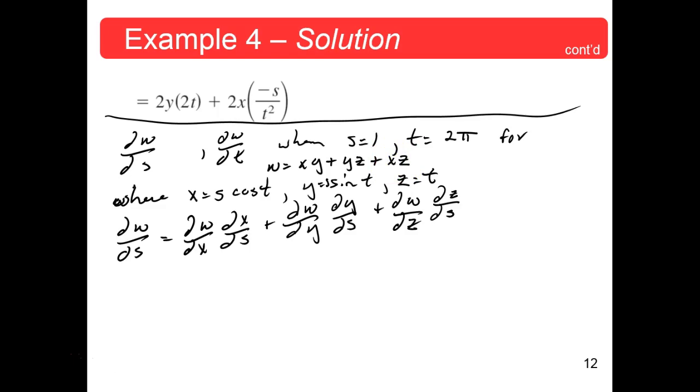All right, and again, I think it's a good first step to do all your partials just as you see them. Partial of w with respect to x is going to be y plus z.